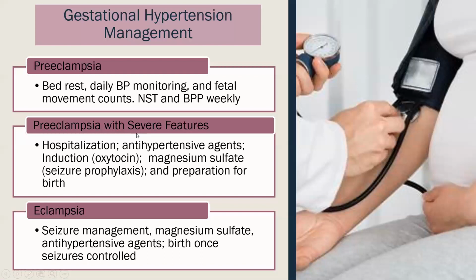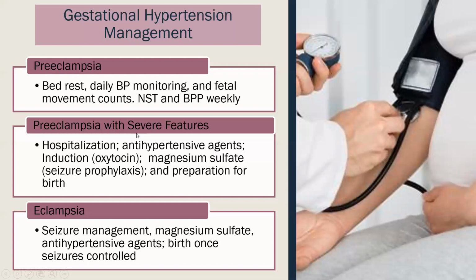We're going to be putting them on magnesium sulfate. Magnesium sulfate, initially we start somewhere between a 4 to 6 gram bolus, and that's within the first 30 minutes, and then there'll be somewhere 2 to 3 grams per hour to control. It's a seizure prophylaxis. So the purpose of magnesium sulfate is a seizure prophylaxis in this circumstance, and that's to decrease the swelling.